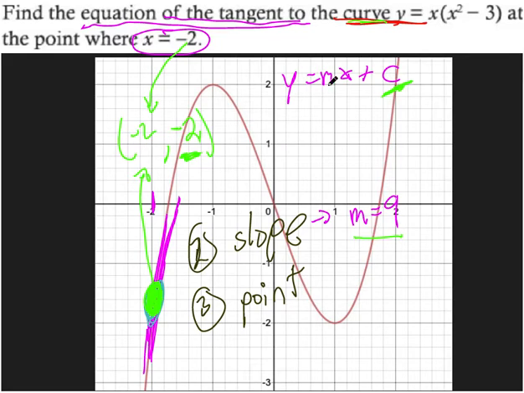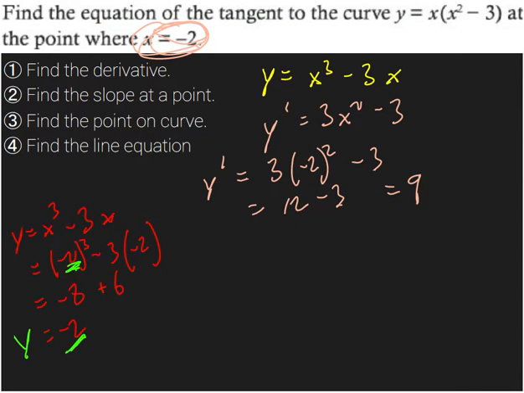So now we have m, the slope. We can find c by plugging this coordinate into our line equation, not our original function. Our line was y equals mx plus c.